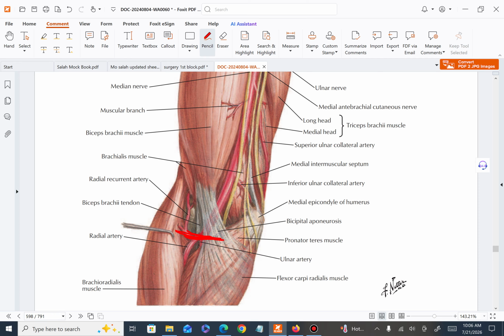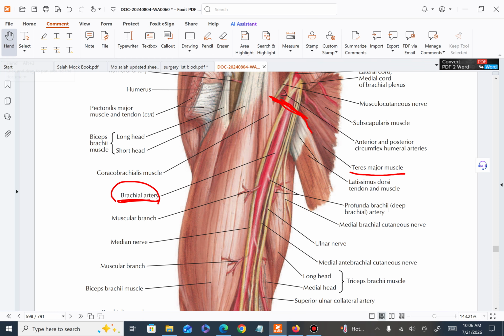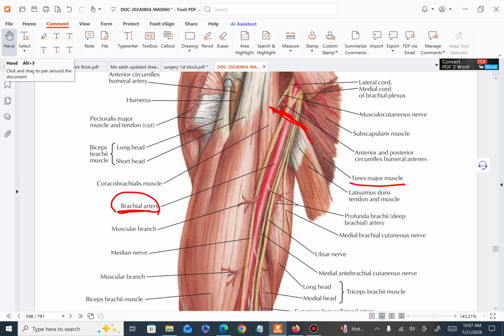It terminates into the ulnar artery, which is medial in the forearm region, and the radial artery, which is the lateral forearm artery. So this is about the origin and termination of the brachial artery: it originates at the lower border of the teres major muscle as a continuation of the axillary artery, and terminates opposite the neck of the radius in the cubital fossa to give the radial and ulnar arteries.